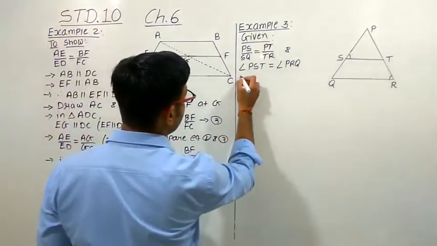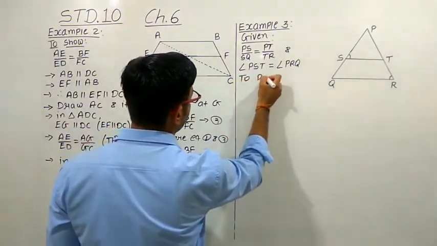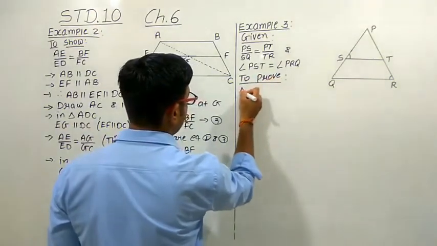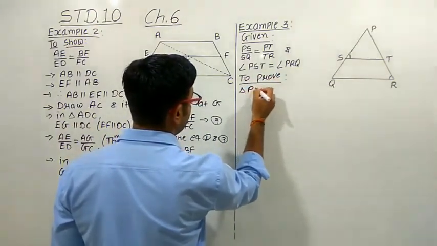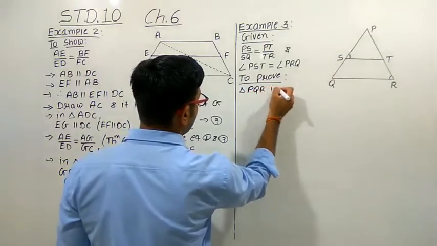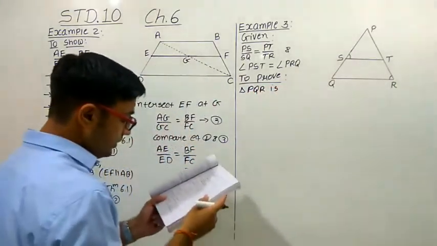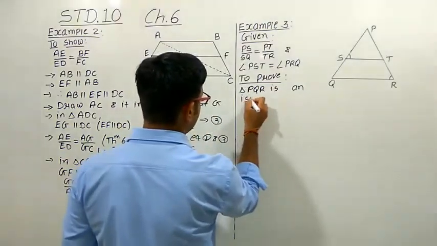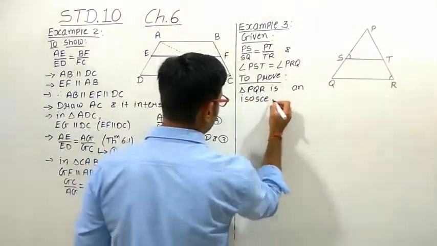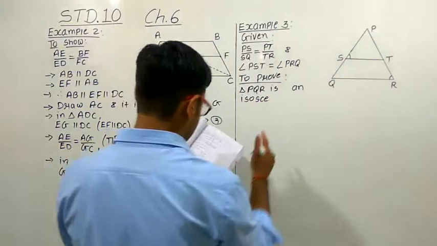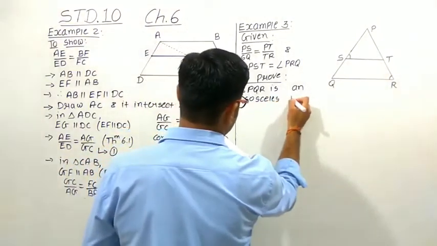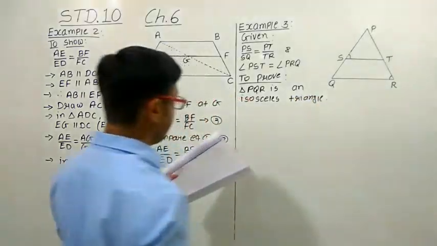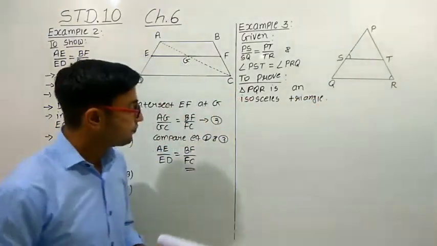So what we have to prove? We have to prove that triangle PQR is an isosceles triangle. That we have to prove here, right?